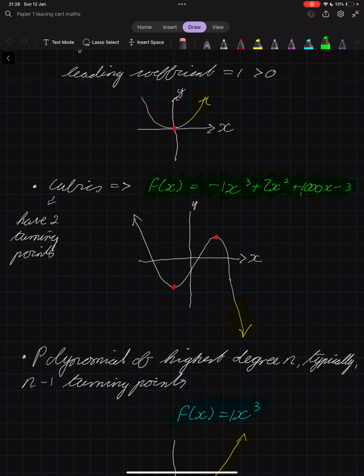So the idea is that as x gets really, really big, we can say that f of x is just going to be minus x cubed, roughly.